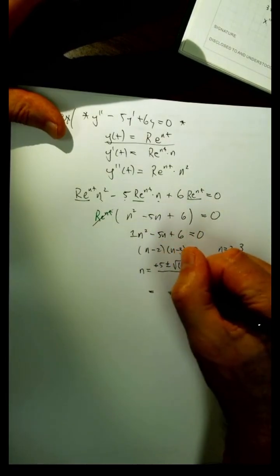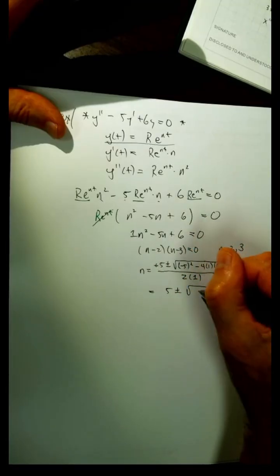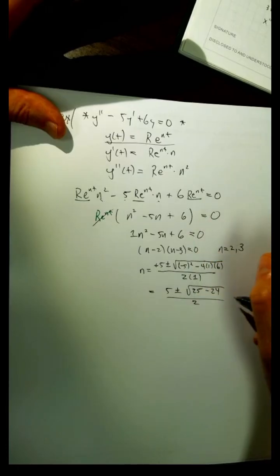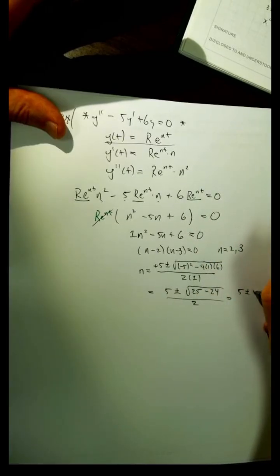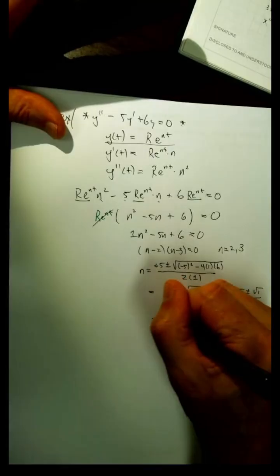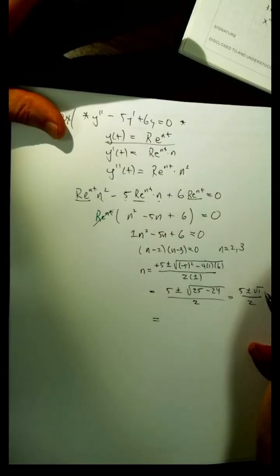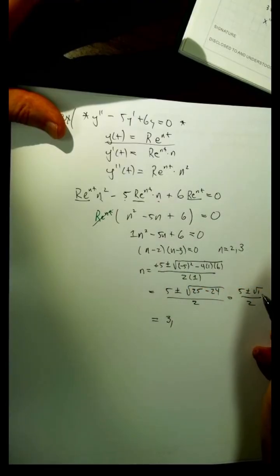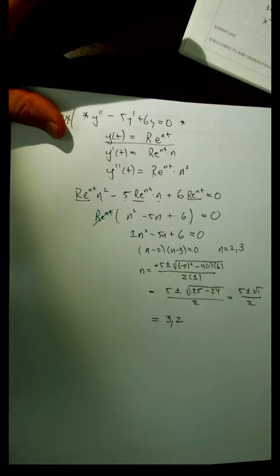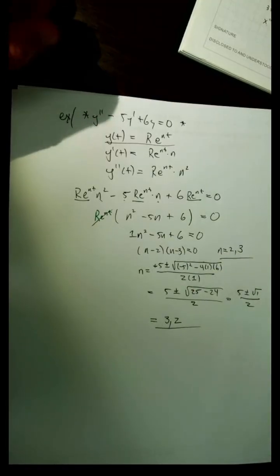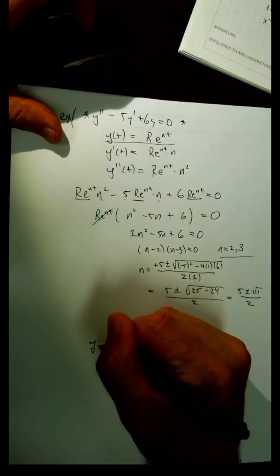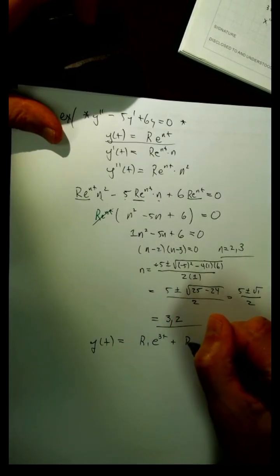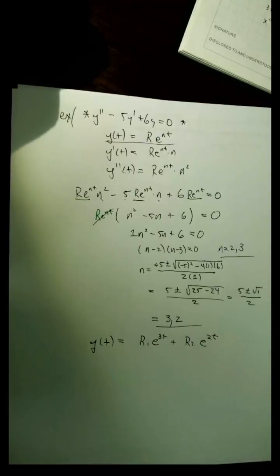Cleaning this up, I get 5 plus or minus the square root of 25 minus 24, so 5 plus or minus the square root of 1, over 2. For the plus, I have 5 plus 1 is 6 divided by 2 is 3. For the minus, 5 minus 1 is 4 over 2 is 2. So I get the same thing either way. That means my solution is y of t is r1 e to the 3t plus r2 e to the 2t.